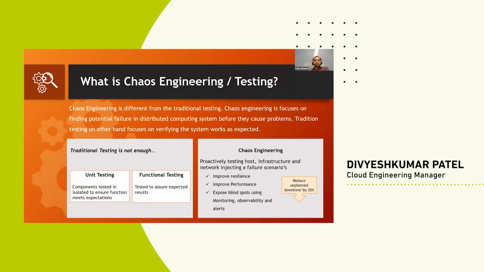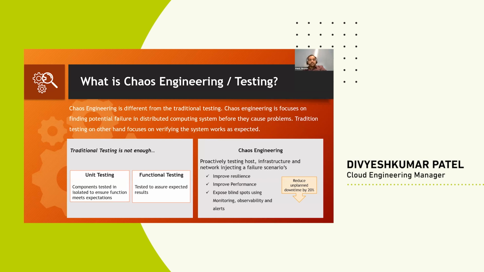So, moving to what chaos engineering or testing is. You may have heard it called engineering. I'm putting it as testing because I'm more focused on the testing part of it. It's not just engineering. Chaos engineering is different from traditional testing. It is focused on proactively testing the host infrastructure by injecting failure scenarios into the system.